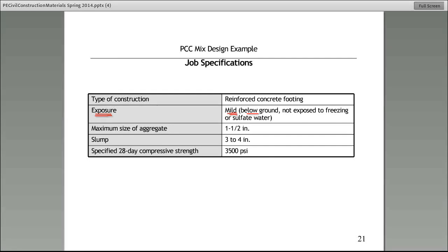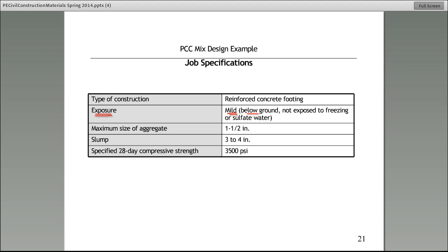Air entrainment is used to increase durability in terms of increased resistance to freeze-thaw cycles. I will talk about air entrainment in a few minutes when we do the solution.